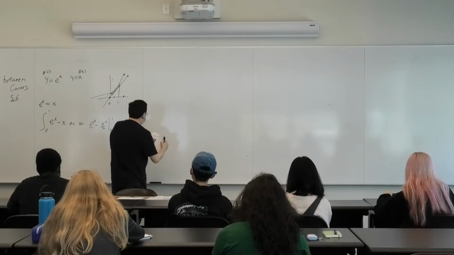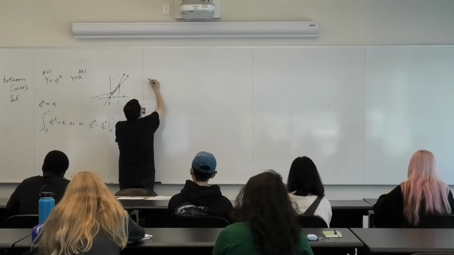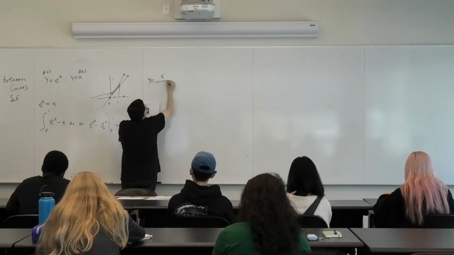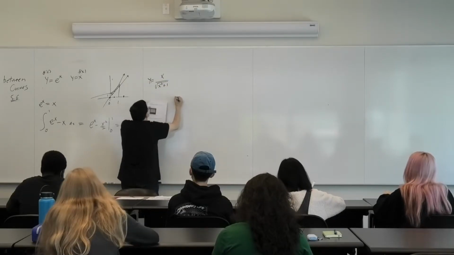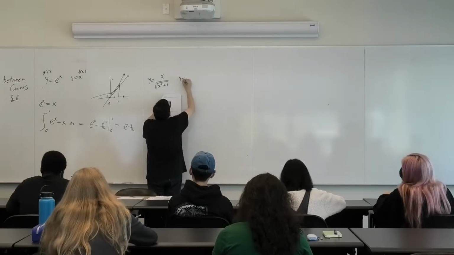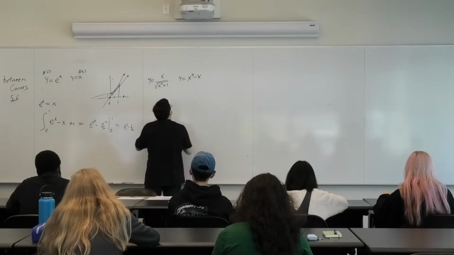So let's take a look at a more strenuous problem. y equals x over the square root of x squared plus 1, and y equals x to the 4th minus x.